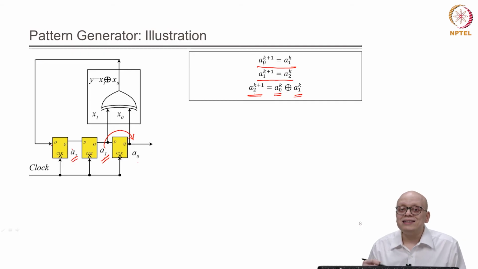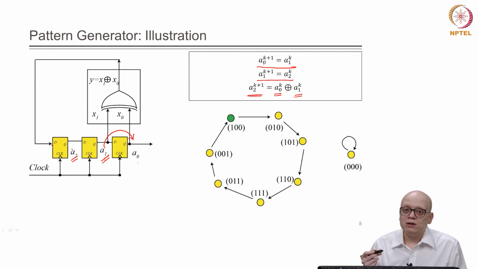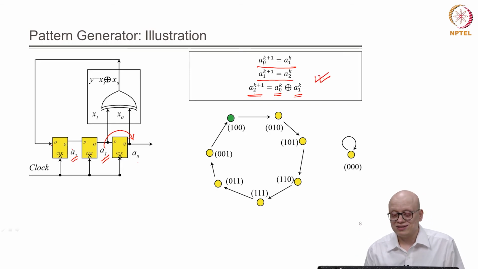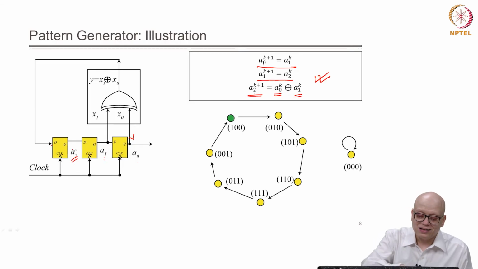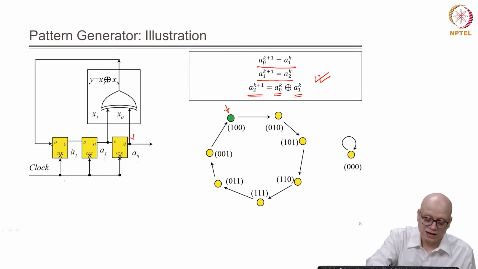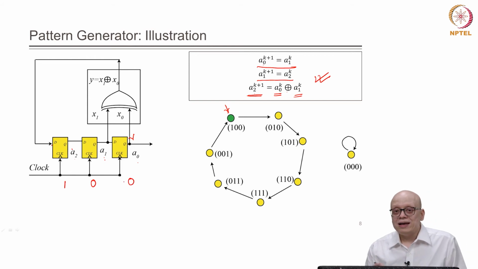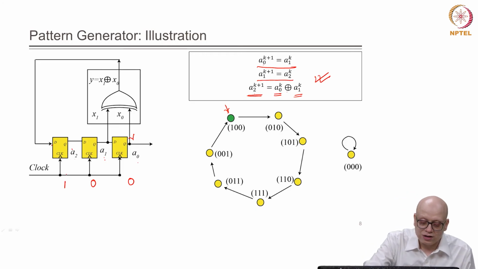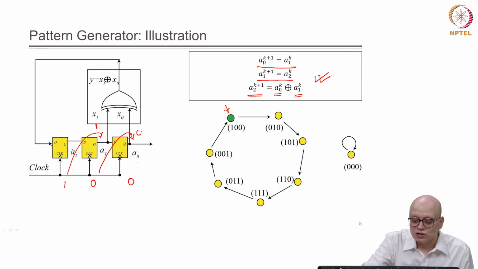Now, what will be the state diagram, or how will the states be traversed for this LFSR? We can draw the state diagram using these equations. First, let us assume that the initial state of the LFSR is what is shown here, 1 0 0. Now, in the next clock cycle, the 1 in A2 will go to A1, so we will have 1 here, and A1 will go to A0, so we will have 0 here.